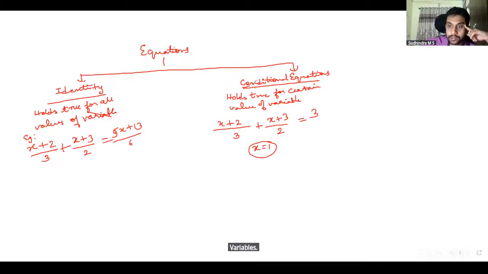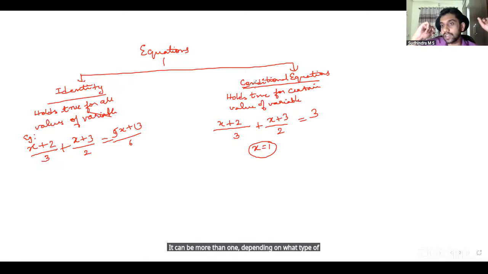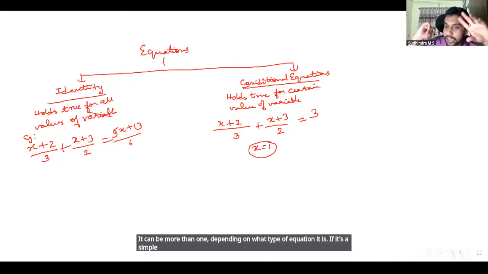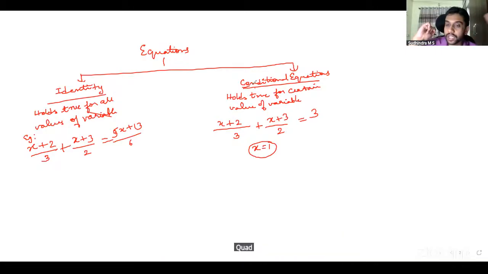So it will be only one or more than one possible? Yes. It need not be one. It can be more than one depending on what type of equation it is. If it's a simple equation, only one. Quadratic equation 2, cubic equations 3, and so on. Below that, example.